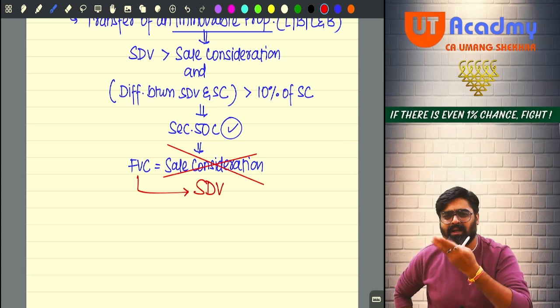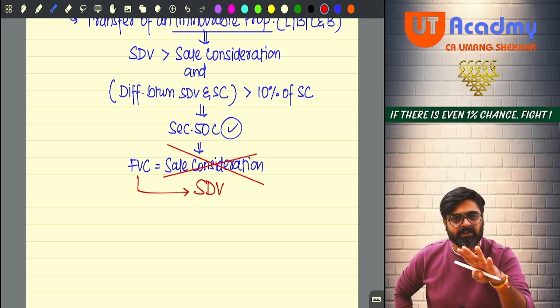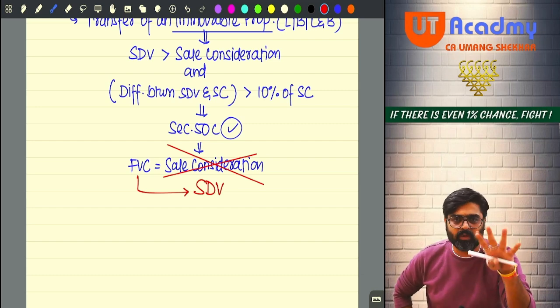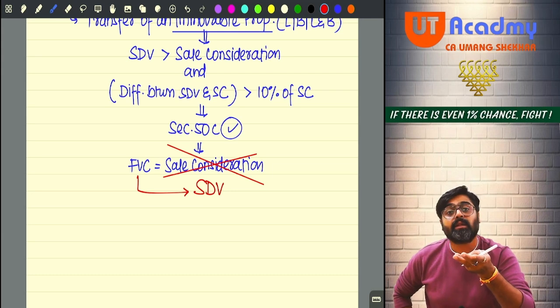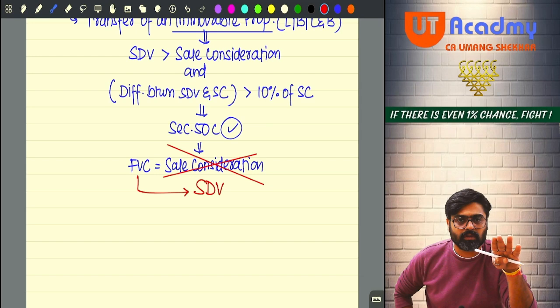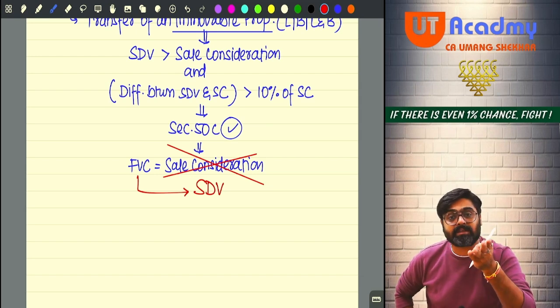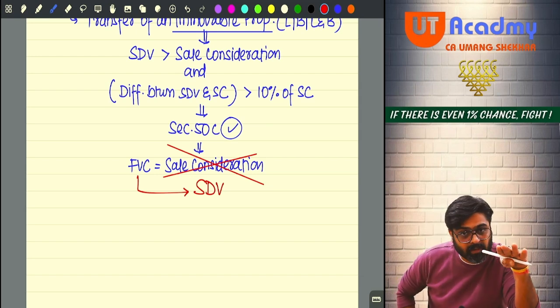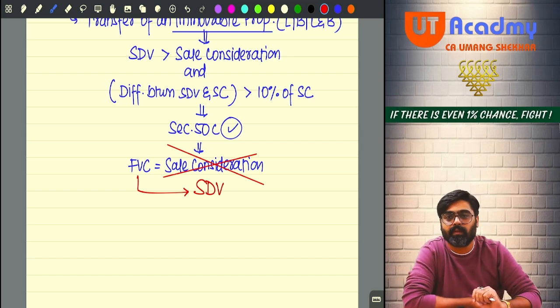And that value they determine as per the state's stamp duty act and stamp duty rules. By following the respective state's stamp duty act and rules, the stamp valuation authorities also determine one value for the property.